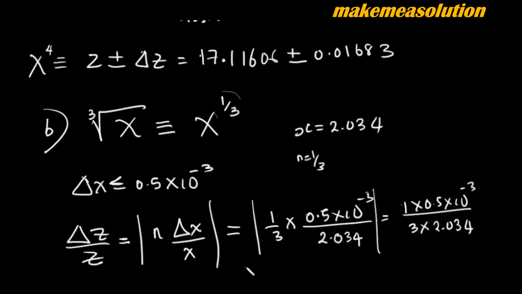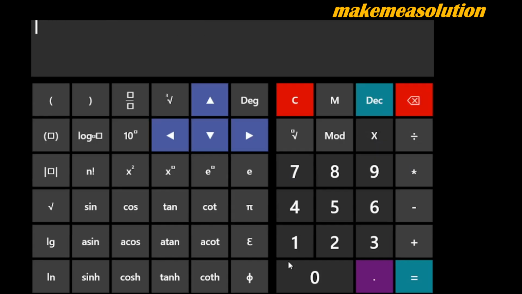So our relative error, delta z over z, is now going to be equal to, with the calculator, I'll open a fraction: 1 times 0.5 times 10 to the power of minus 3 divided by 3 times 2.034.